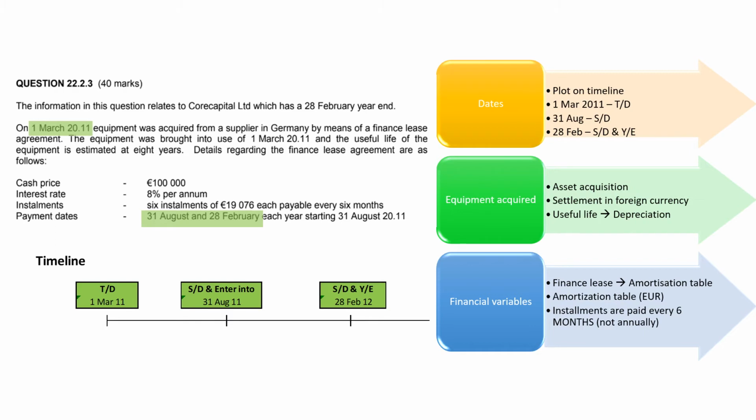The trick behind this is that it will first need to be in euros before you translate it into ZAR. And also in terms of your intervals or your payment frequencies, installments are paid every 6 months and not annually. So bear that in mind.